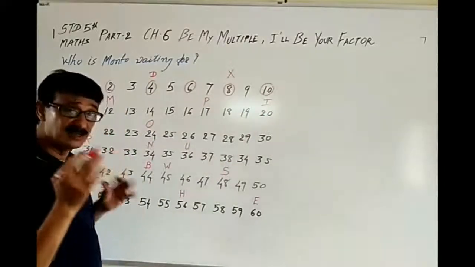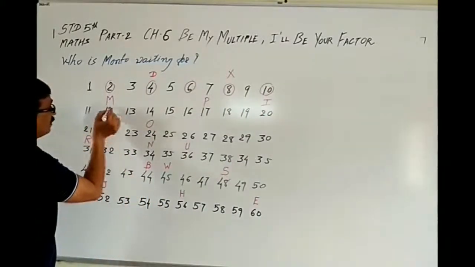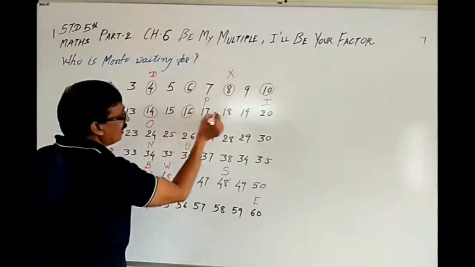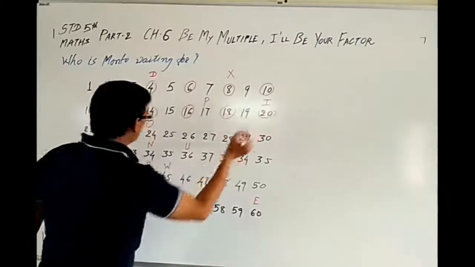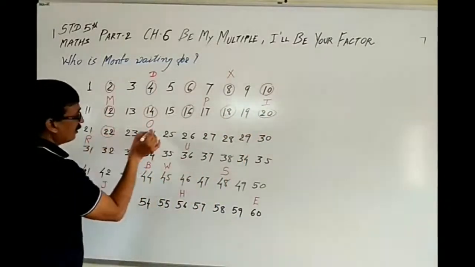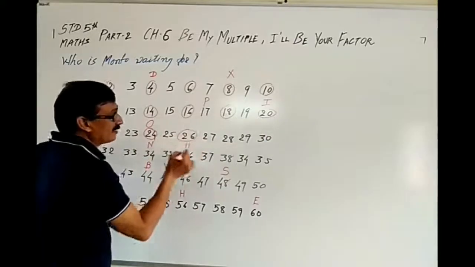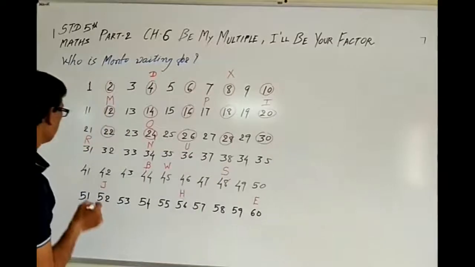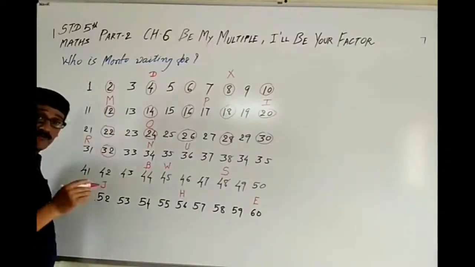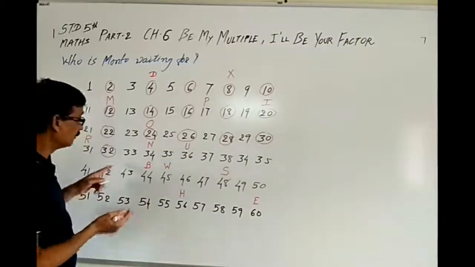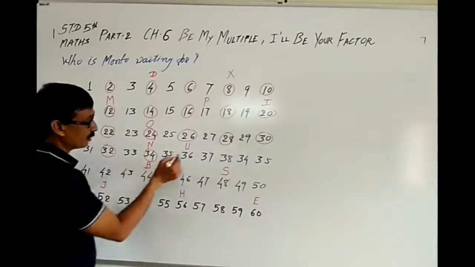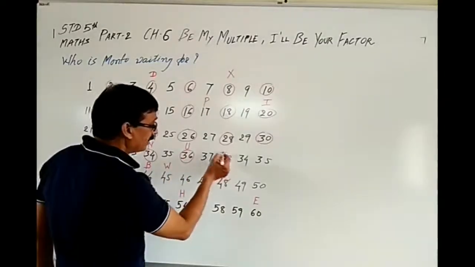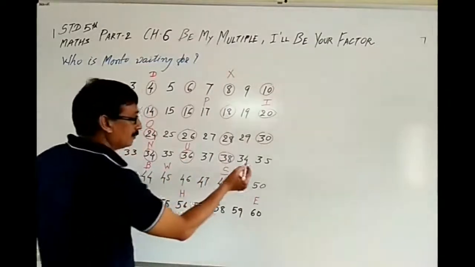So these are the numbers that can be divided by 2. 2 sevens are 14. 2 eights are 16, 2 nines are 18, 2 tens are 20, 2 elevens are 22, 2 twelves are 24, 2 thirteens are 26, 2 fourteens are 28. 2 fifteens are 30. 16 twos are 32, 17 twos are 34, 18 twos are 36, 19 twos are 38.